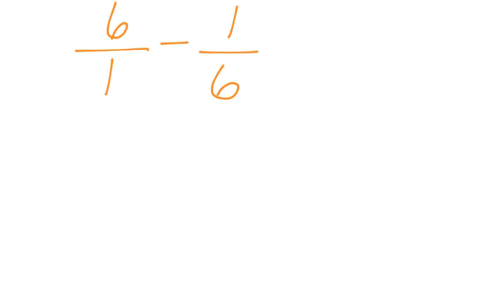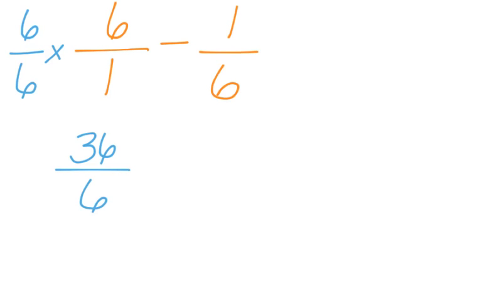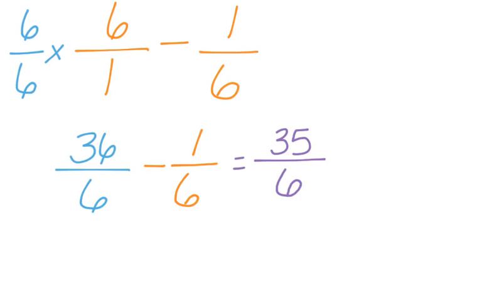Between 1 and 6, we're going to use 6. So here we're going to multiply by 6 on the top and the bottom, which gives us 36 over 6. We do not need to change this fraction because it already has a denominator of 6. 36 minus 1 equals 35. And then your denominator stays the same when you're adding or subtracting.